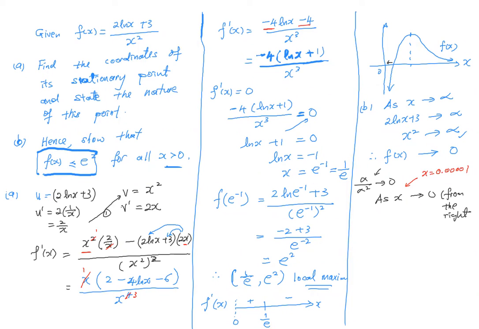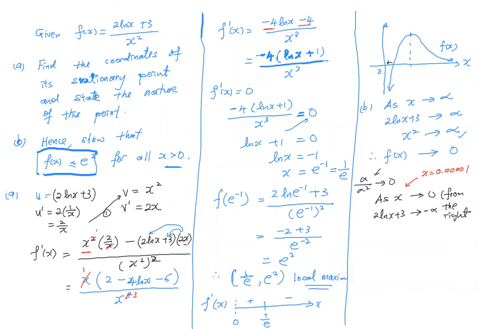This small. So what will happen to your ln? Okay, so your 2 ln x plus 3 will approach what? Negative infinity. Right or not?